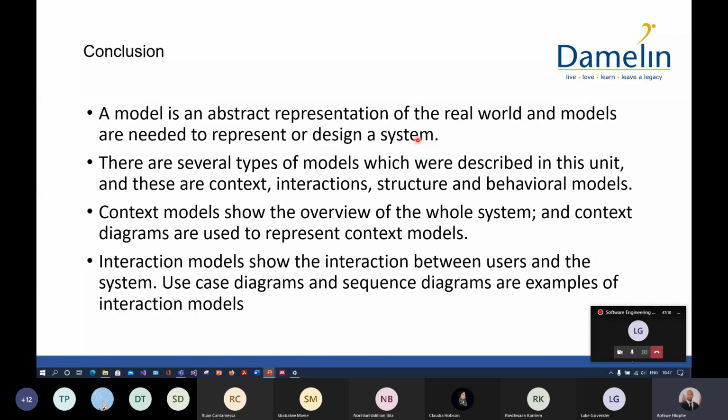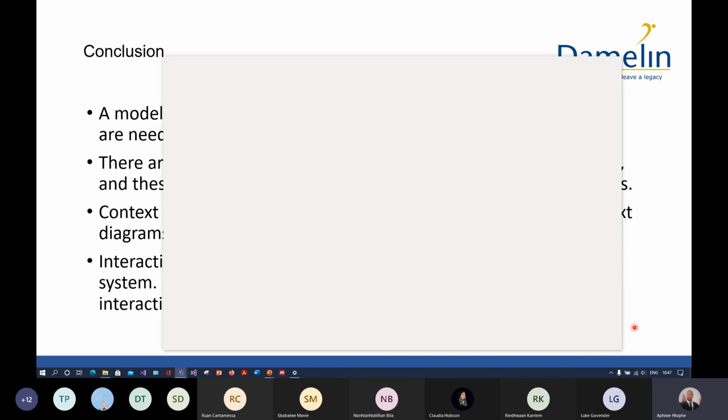Context models show an overview of the whole system, and context diagrams are used to represent the context models. Interaction models show the interaction between the user and the system, and lastly, use case diagrams and sequence diagrams are examples of interaction models. So that's a wrap, and that's study unit 5 in essence, talking about systems modeling.